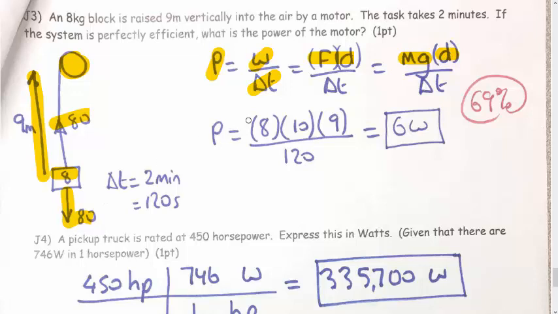You could recognize it as 80, but you could put it down as 8 times 10. And then you say, well, it's 8 times 10 times 9 over 120. 120, where did that come from? 2 minutes, yeah, but 2 minutes is not SI units. You've got to convert the 2 minutes into 120 seconds. Gives you 6 watts. Very nice problem.